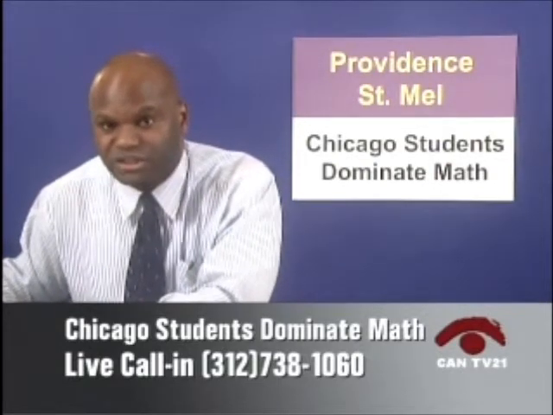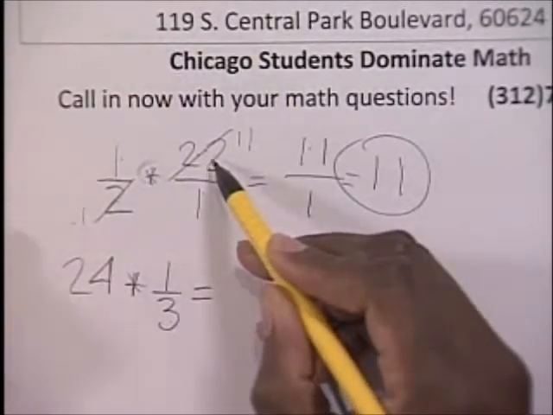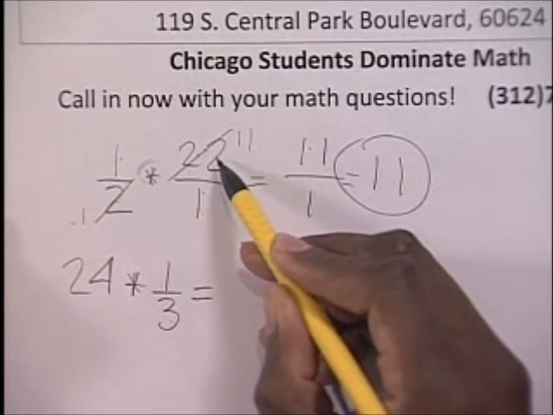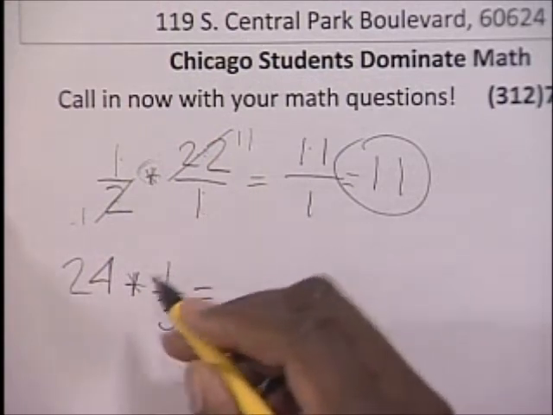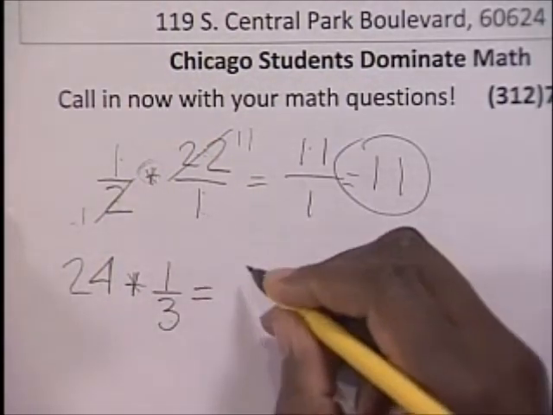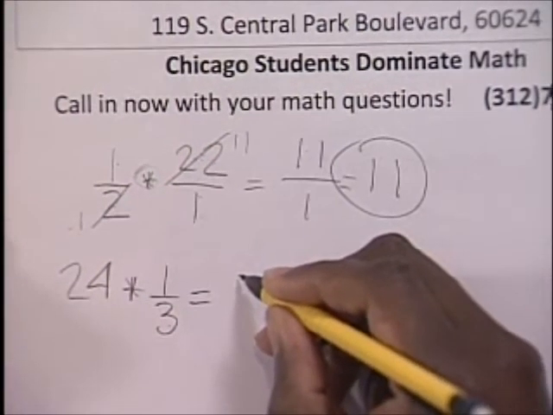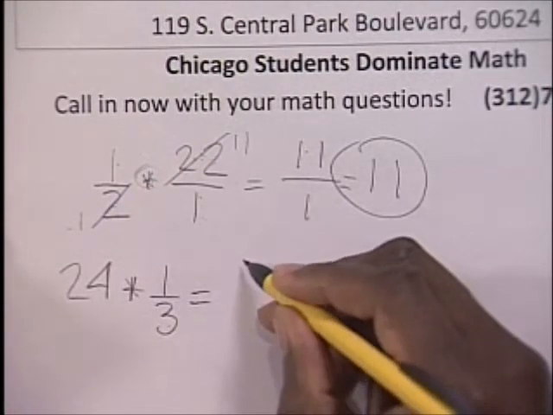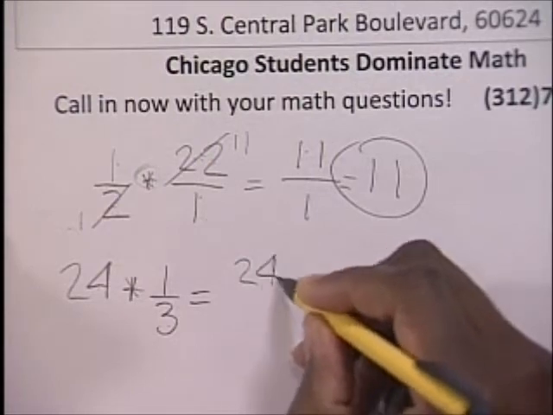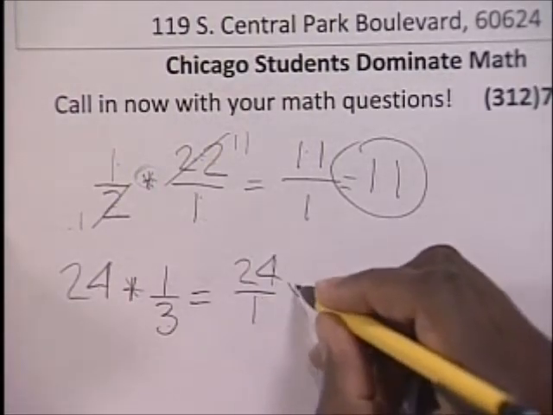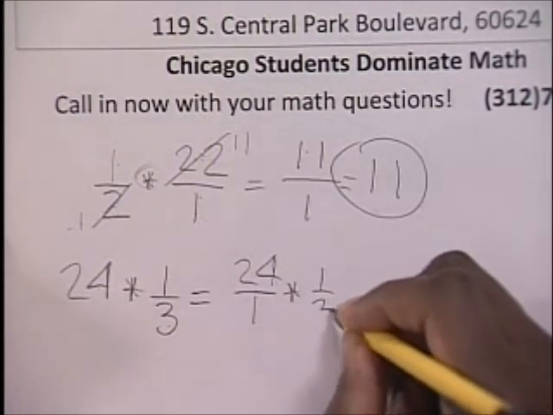Let's take a look at this problem one more time. Another way we said 22 was 22 over 1. Now can you tell me another way to say 24? 24 over 1. Very good. 24 over 1 times 1/3.